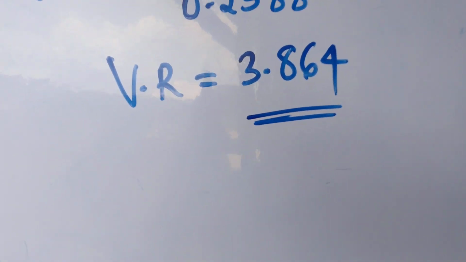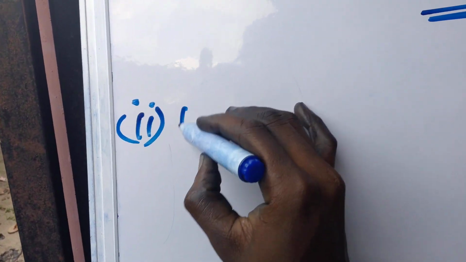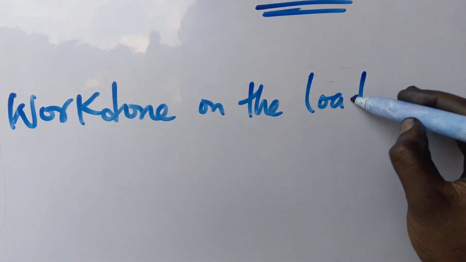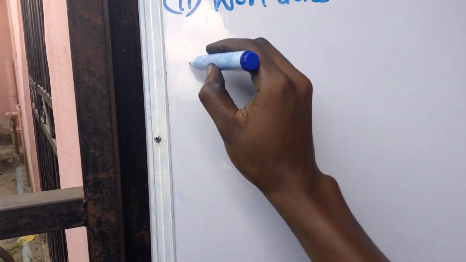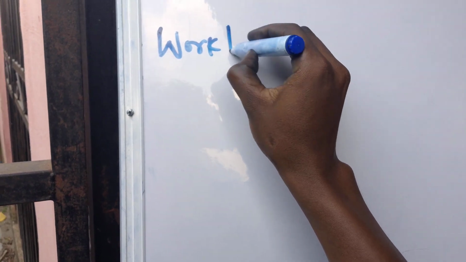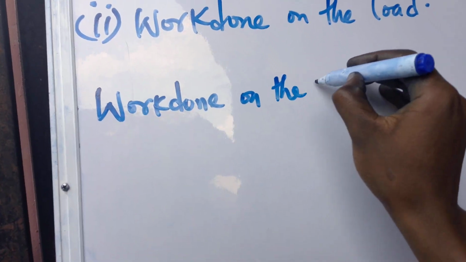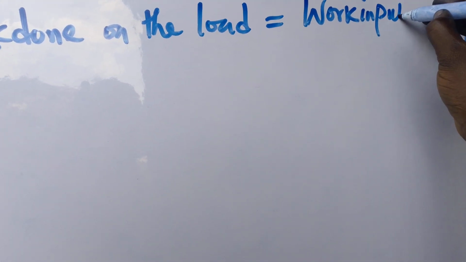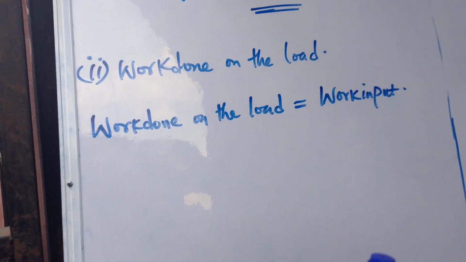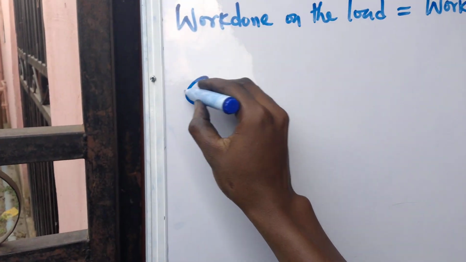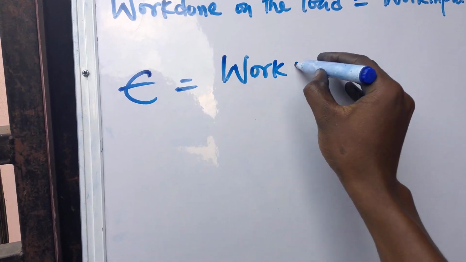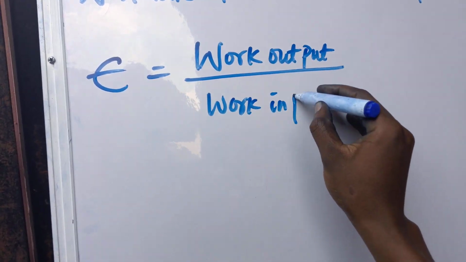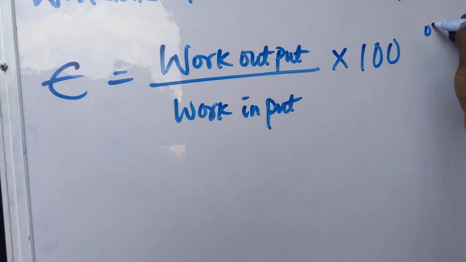Now the next thing they say we should find is the work done on the load. So work done on the load is equivalent to the work input. Okay, that is the work that is put into the machine is equivalent to the work done on the load. So efficiency is the work output over work input times 100 in percentage.